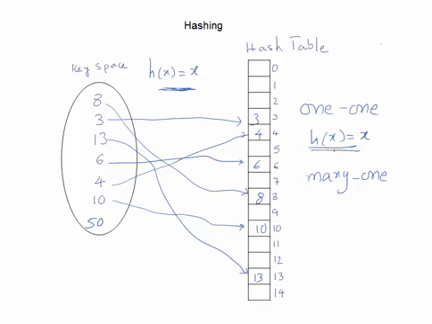If we take any other function other than h of x equal to x, it may be many-to-one function, but also it depends on the keys or the hash table size. But mostly it will be many-to-one function. Now we say that here this function is responsible for mapping the elements to their indices. So we should modify the function to efficiently utilize the space in hash table. So we will try to modify the function.